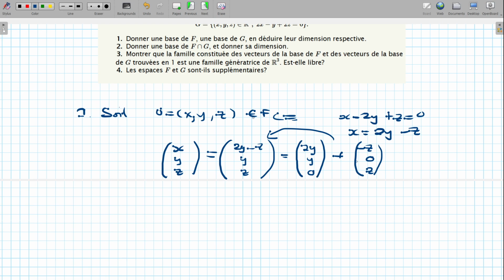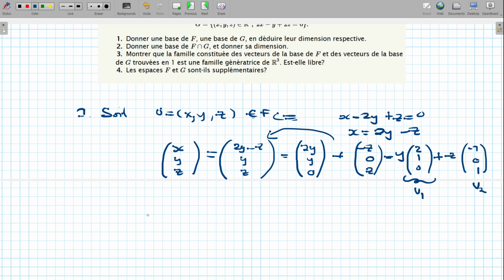Now that we've written these simpler vectors, we need to factor out the common variable. Here we can factor out a y, and then we're going to have 2, 1, 0, plus we factor out a z, and then we have minus 1, 0, 1. This vector here we're going to call v1, and this vector here is v2.